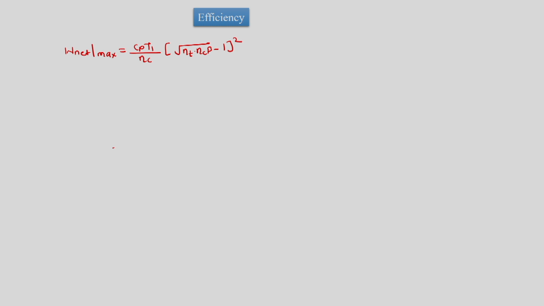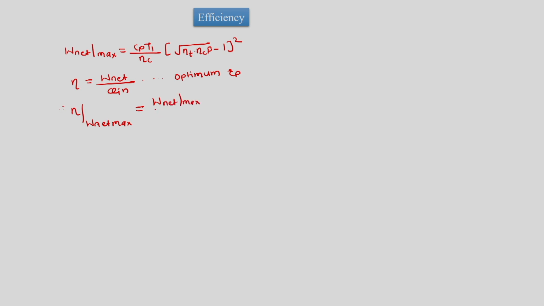Now we have to find out efficiency, and efficiency is equal to W net upon Qin. Keep this point in mind, we are considering optimum Rp, so practically we are considering eta corresponding to W net max. So that is equal to W net max divided by Qin.